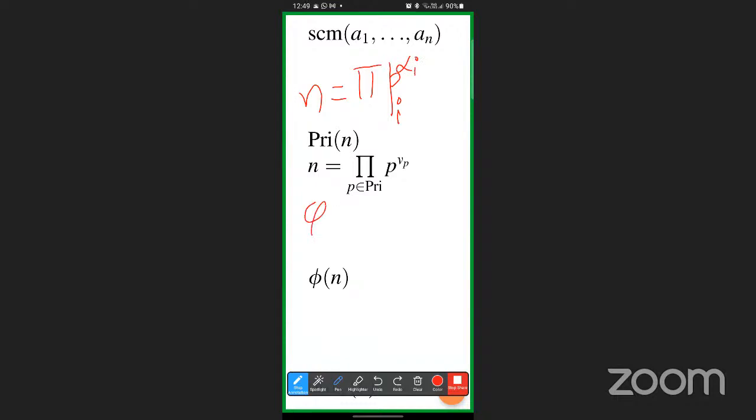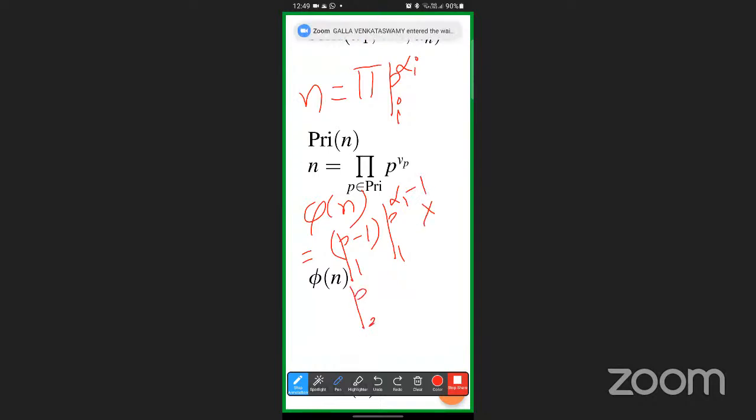Then my phi of n, the number of integers relatively prime to n, I extend that formula now. It is p1 minus 1 times p1 raised to alpha 1 minus 1, into p2 minus 1 times p2 raised to alpha 2 minus 1, into, and so on. I am just extending the formula we have seen before.